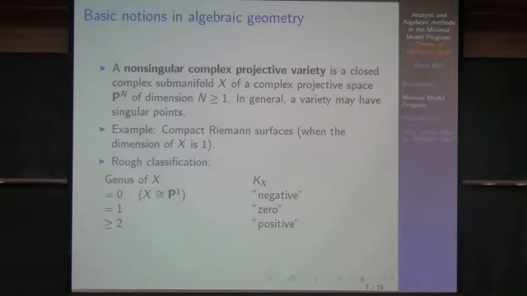Instead of the genus, you can also use the canonical line bundle Kx. We have this notion of positive and negative for line bundles. The first case corresponds to when Kx is negative, and the last case corresponds to when Kx is positive.